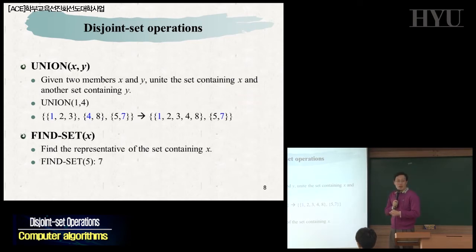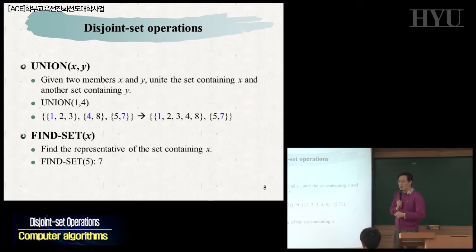If we do this union operation, these two sets are united into one set. And we select a new representative member, because before the union we had two representative members, but after the union only one representative member should be assigned.